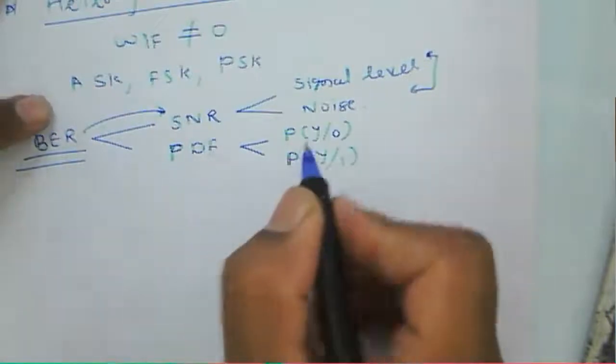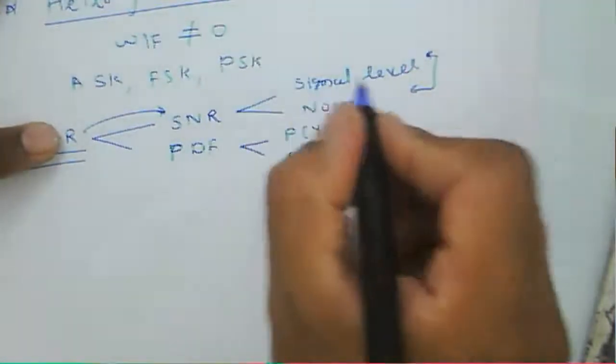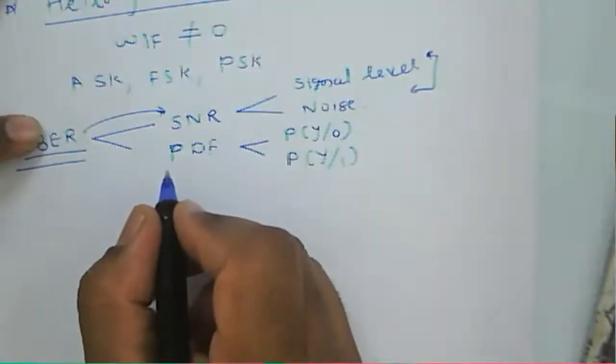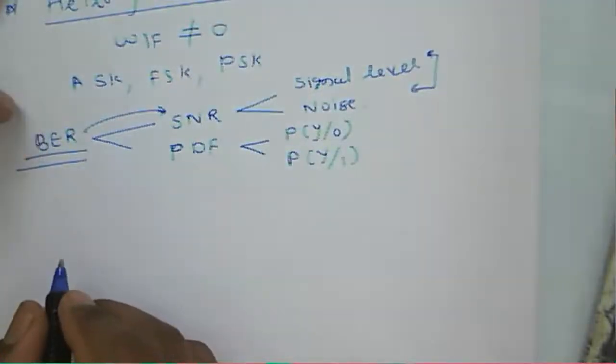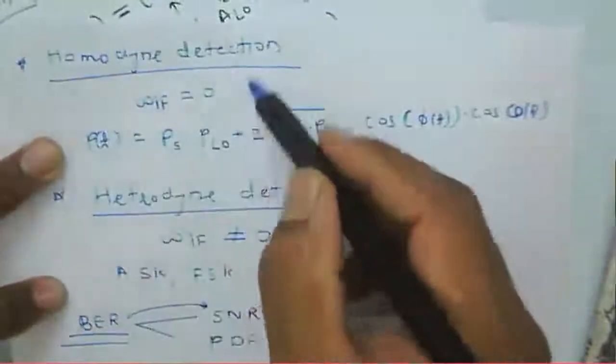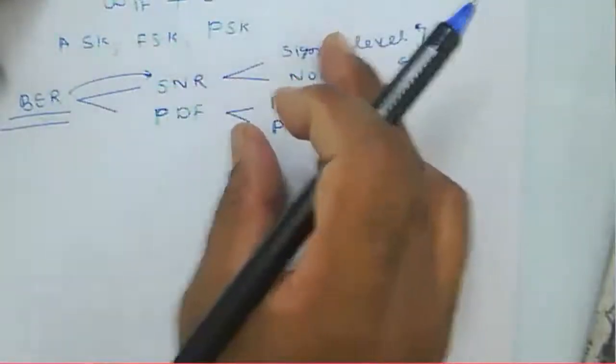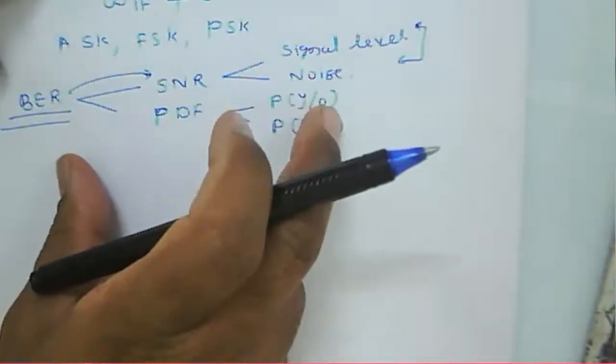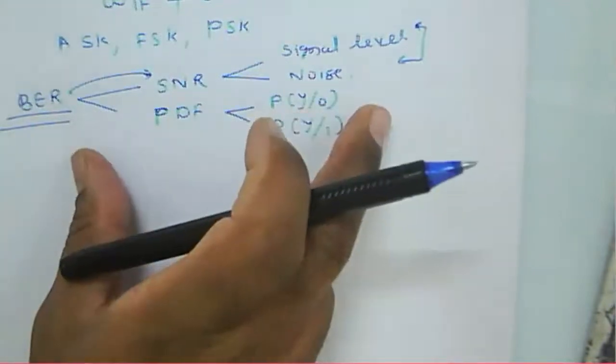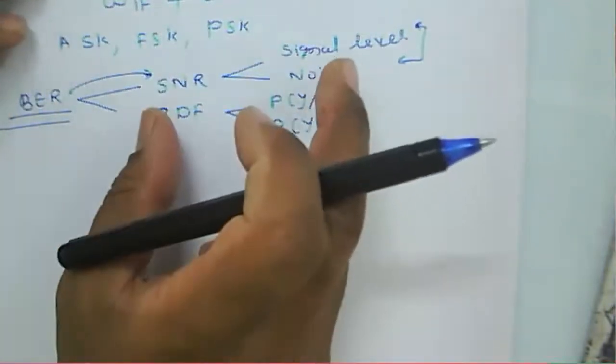So we need to see what will be the receiver sensitivity for detecting the signal, for homodyne detection or heterodyne detection. Okay, that is a different part. For the given optical communication system, what will be the receiver sensitivity for detecting the signal there.